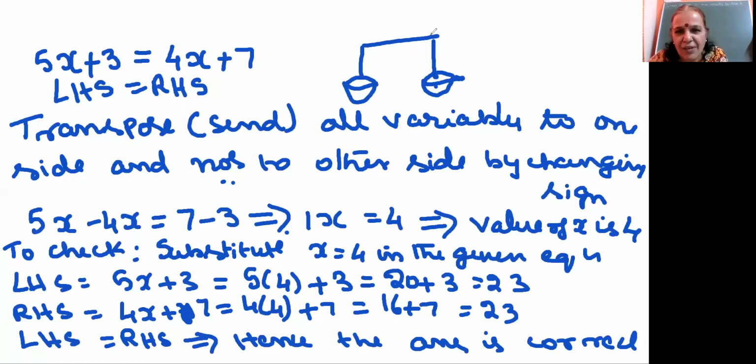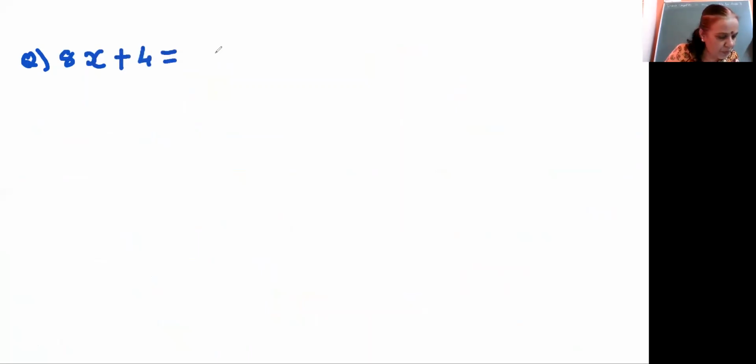Now one more sum from the textbook. It is 8x plus 4 is equal to 3 into x minus 1 plus 7.